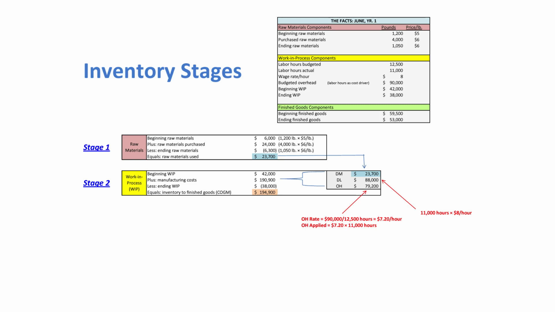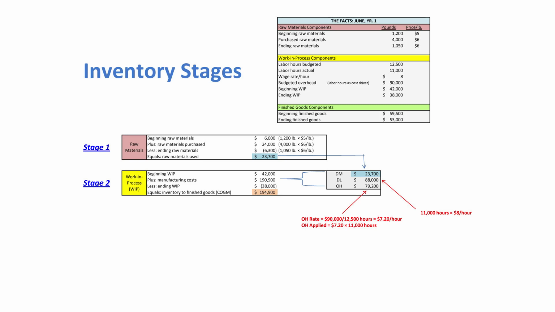Now we have to figure out our overhead, but we want our overhead applied. So the first thing we have to do is get an overhead rate. Traditional, we're going to have a single overhead rate. What's our budgeted manufacturing overhead? $90,000. Then they tell us our cost driver is our labor hours. So the first thing we want is our budgeted, not our actual, labor hours, 12,500.